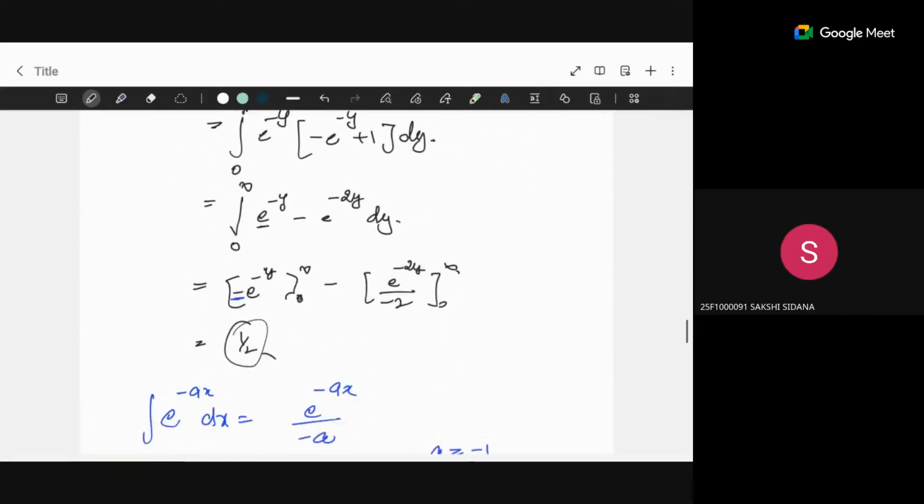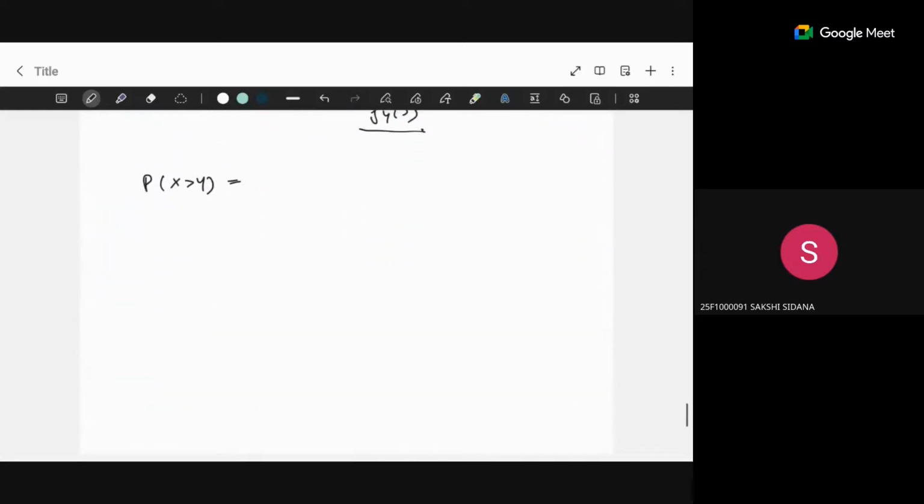Ma'am, my doubt is if x is greater than y, then A should last for more time, and A should work better, and B should have a shorter failure time.